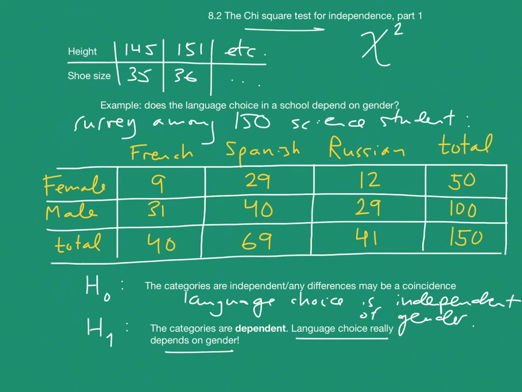The second step of a chi-square test is to calculate what we call the chi-square value. So this is a number that we are going to work out, and we're going to compare this with a critical value.